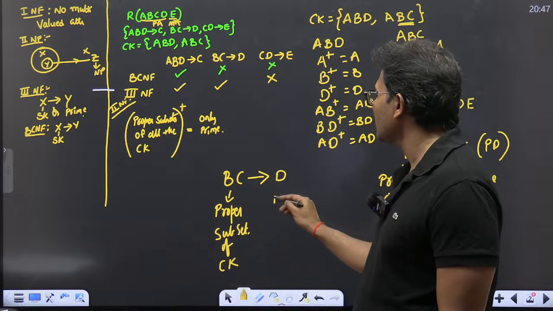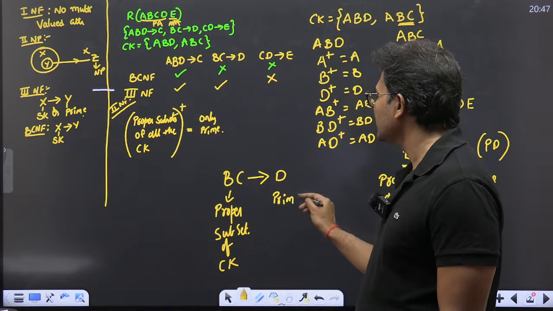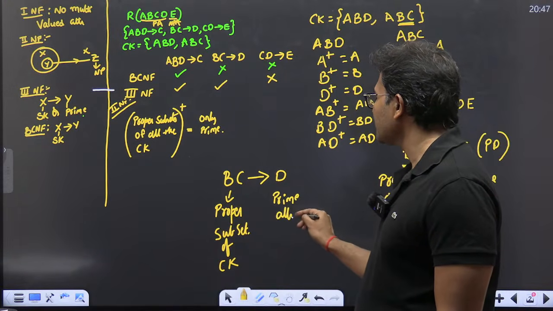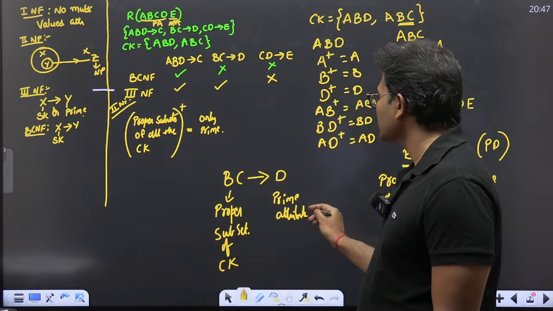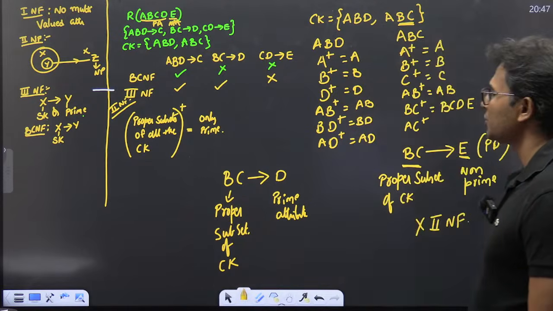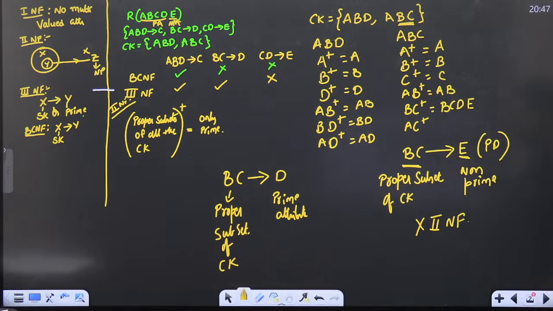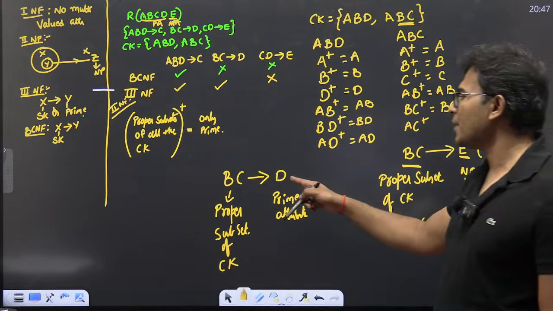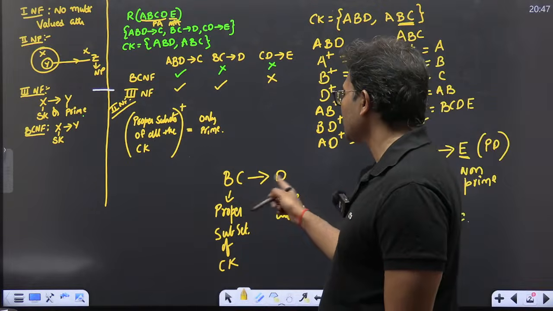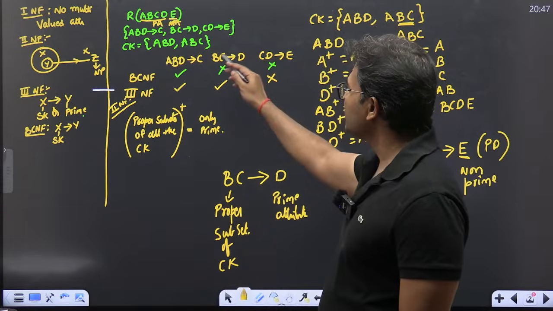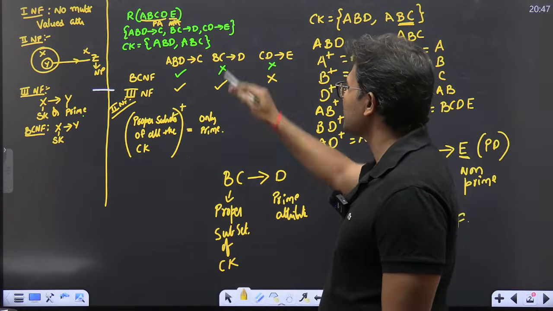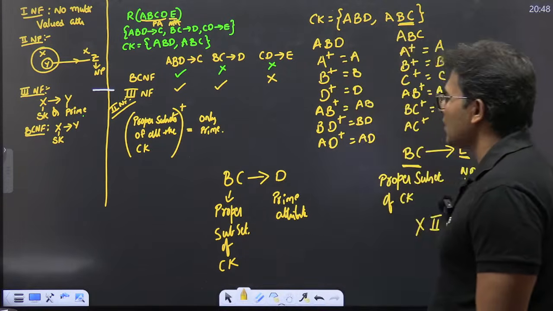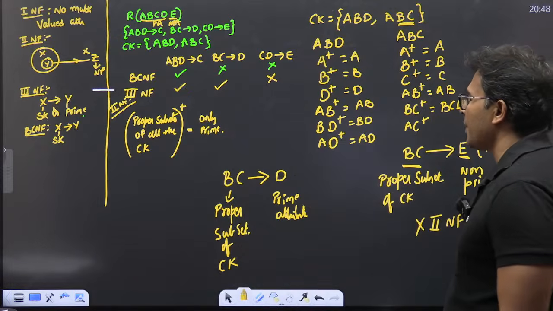D is a prime attribute. So if D is a prime attribute, it is not a partial dependency. So this particular dependency is not a partial dependency, because D is a prime attribute.